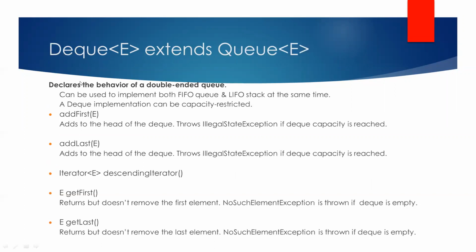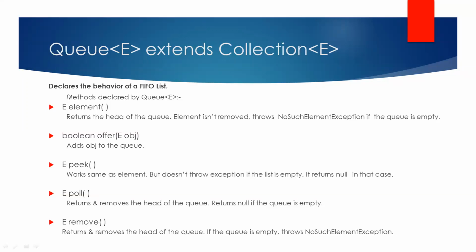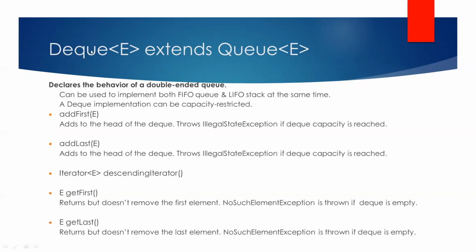Now look at the deque. Deque extends queue. It means the methods which are available in the queue are by default available in deque. It declares the behavior of a double-ended queue. It can be used to implement both first in first out and last in first out stack at the same time, because it is the double-ended queue.